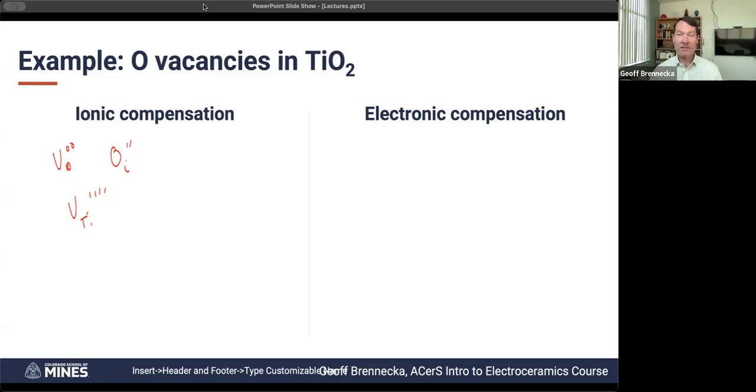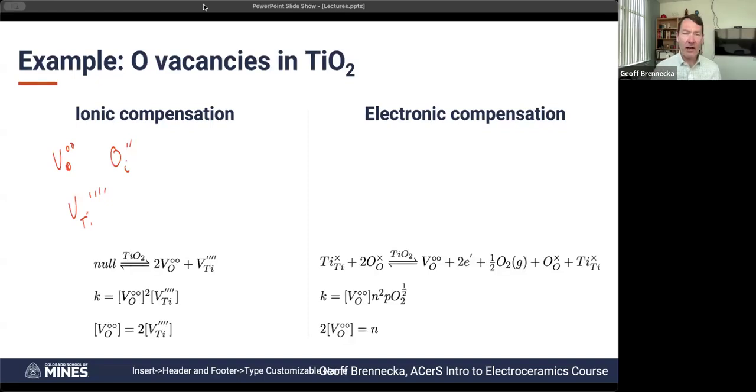Electronic, we only have 2 options there. We've got electrons or we've got holes. Or we can change the valence of the titanium. So we will go through the example of pretending that titanium stays 4+, and then we'll come back and look at what would happen if we change the titanium valence.